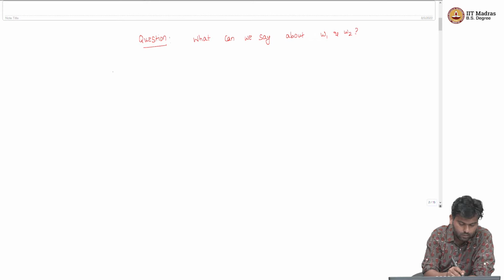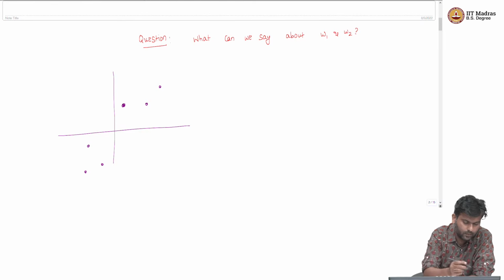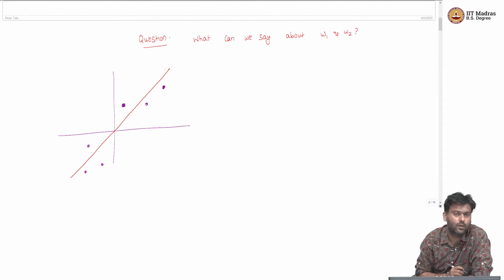So let's look at it geometrically. We have a bunch of data points. As usual, let's say the data set is centered, and let's say this was our best line w1.